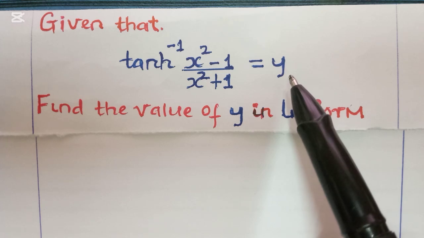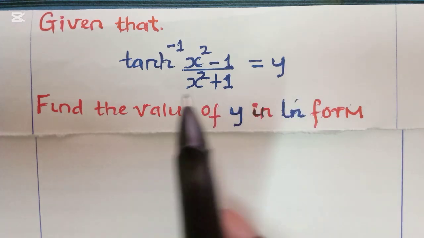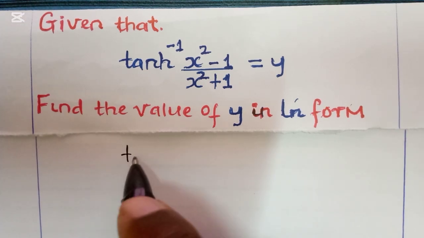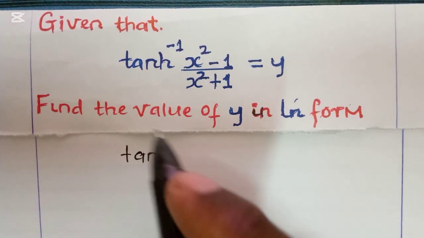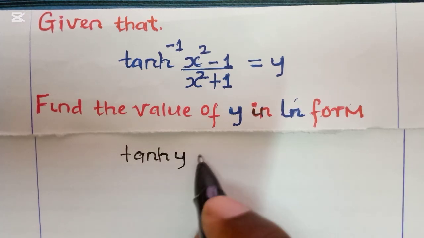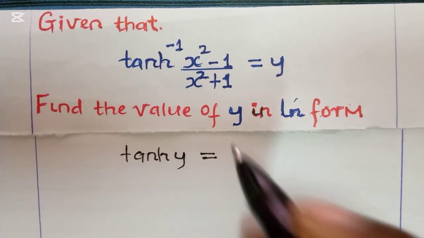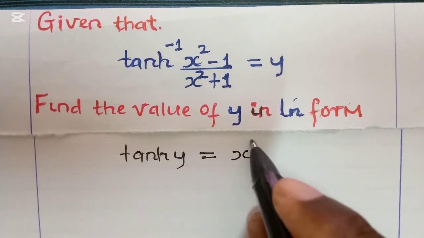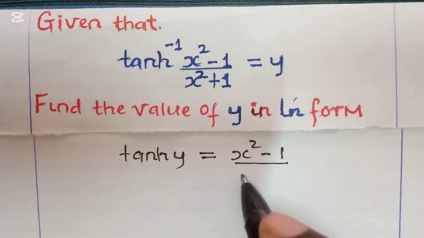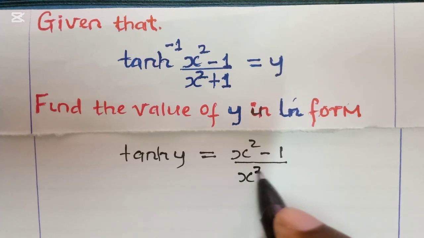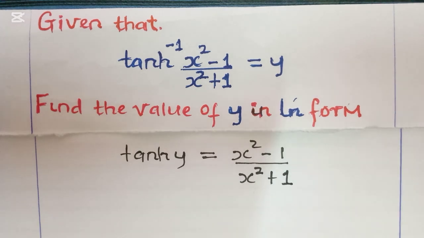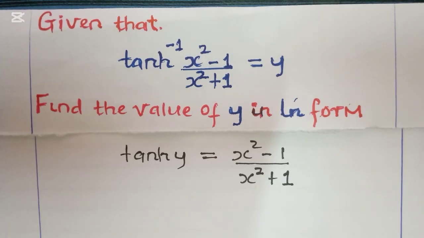So what we are going to do, we can change this to read as tan hyperbolic y, this one now is equal to x squared minus 1 all over x squared plus 1, like that. So guys, we know that.